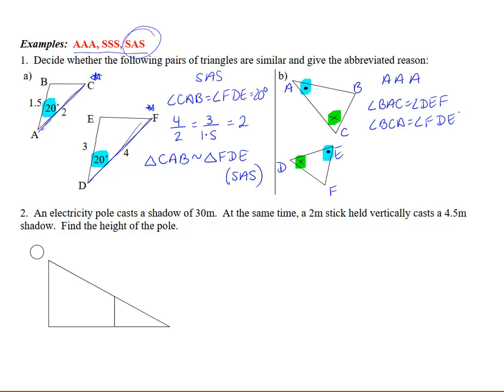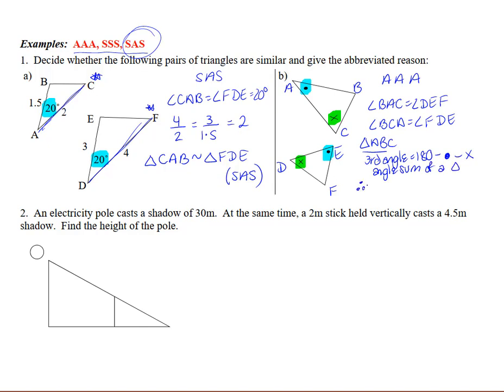If my 2 angles are the same, so if I look at triangle ABC, the third angle has to be 180 minus whatever the dot is, minus whatever the cross is, because of the angle sum of a triangle.